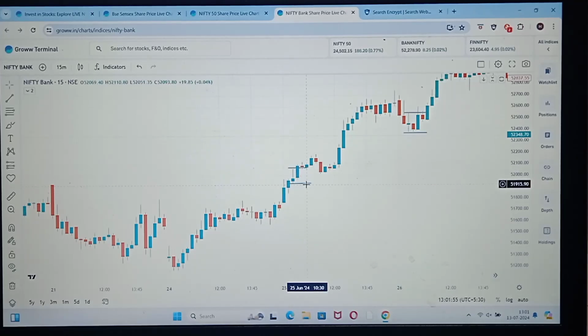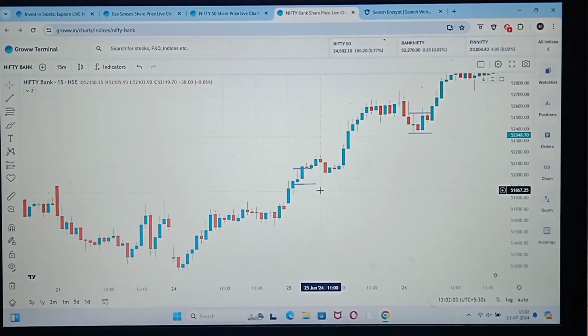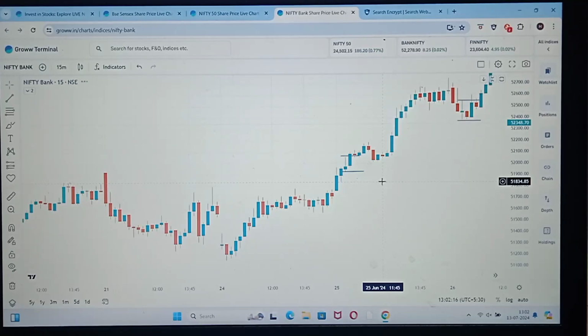And the next candle again went high. So here you can initiate a scalping trade of 20 points or so. Again the third candle and the fourth candle, if you continue your trade, it has given a considerable amount of around 100 points. Out of 100 points you can easily book 15-20 points, book your profit.